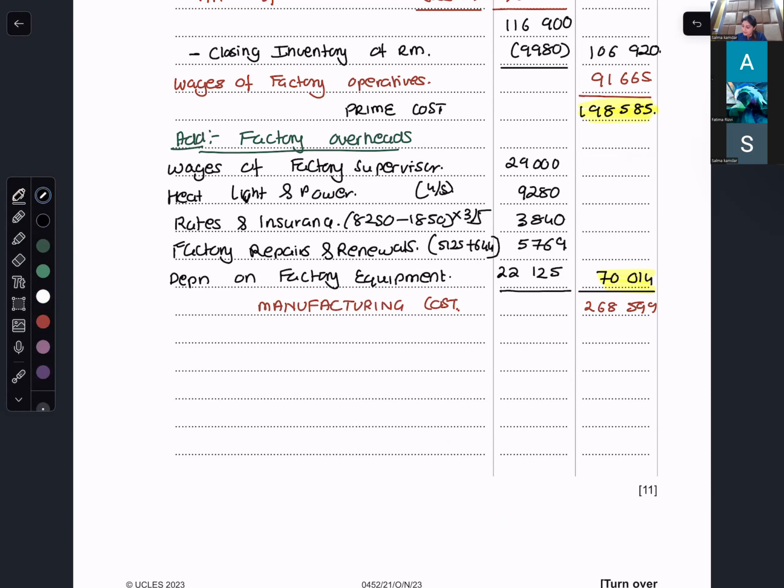Yes. Then we add opening work in progress. And then you leave one line and write less closing work in progress. And then you will write cost of production.